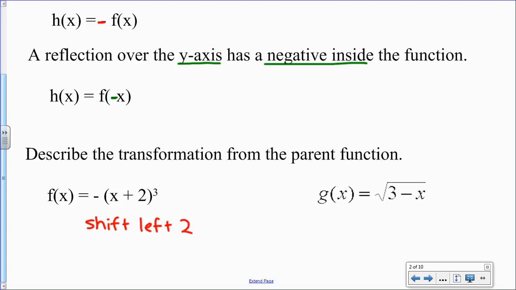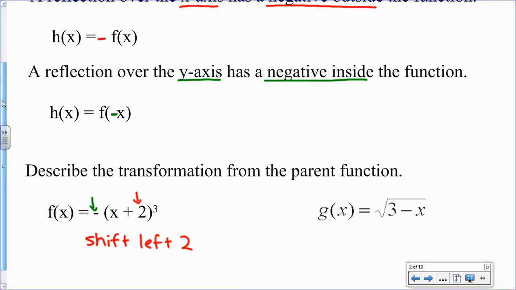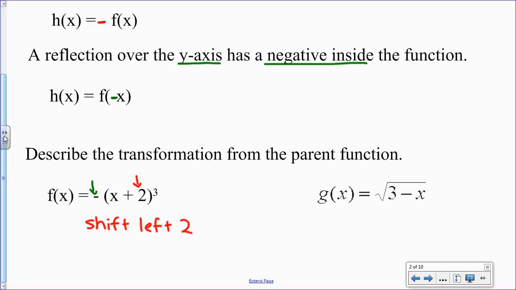Okay, so that was here. Then I have this negative out front. So this negative out front, it's out front of my whole function, not just with x. It's out front of the whole thing. So it's a reflection over the x-axis.